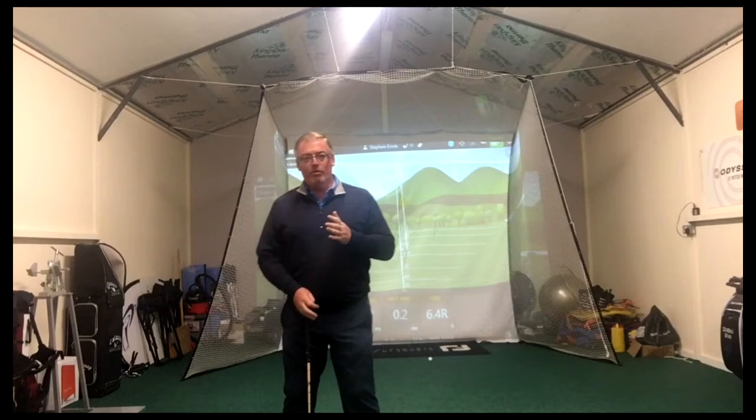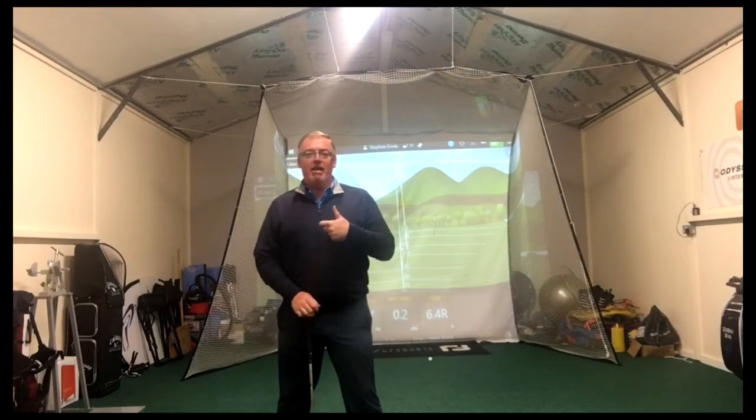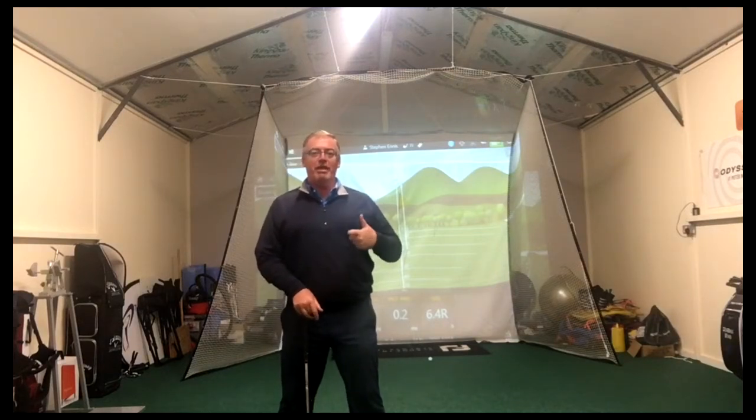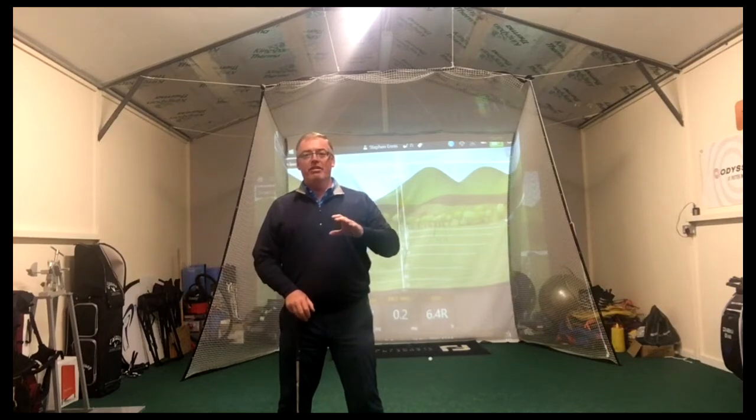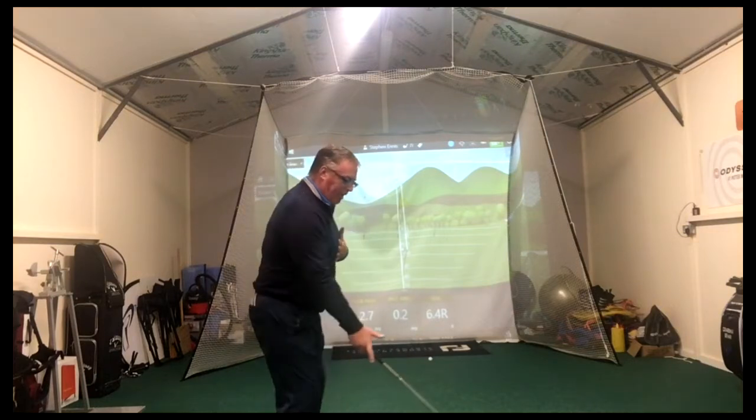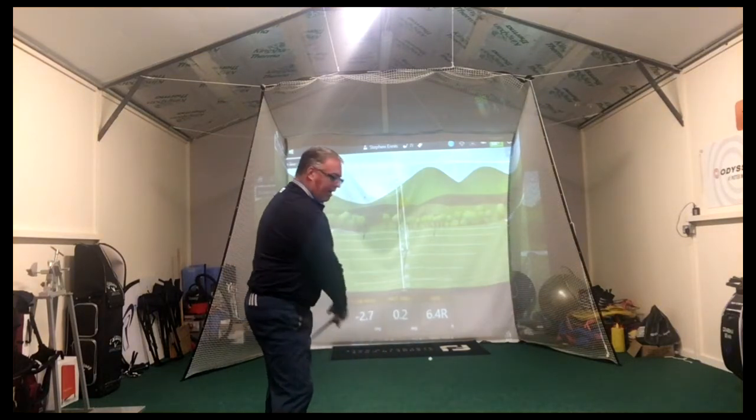So what I see with a lot of students who come into me is, regardless of whether they have an in to out or an out to in club path, it's usually a repeatable path. If you are an out to in, so what would typically be a cut style path, you may vary in how much you cut across the ball, but you'll be consistent in the fact that you cut across the ball.